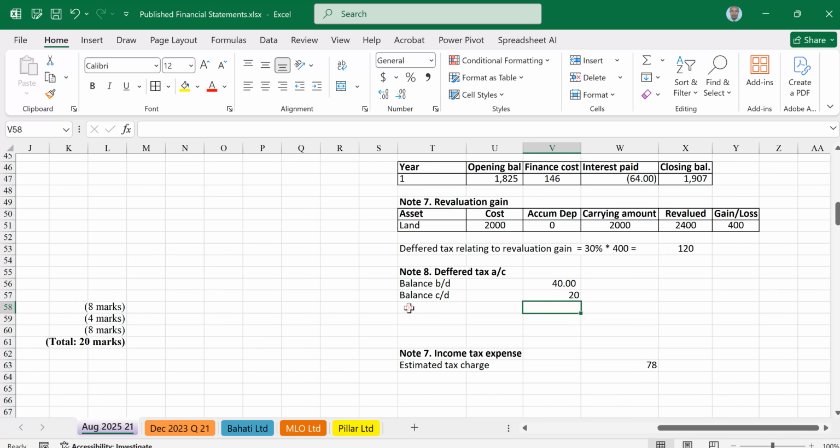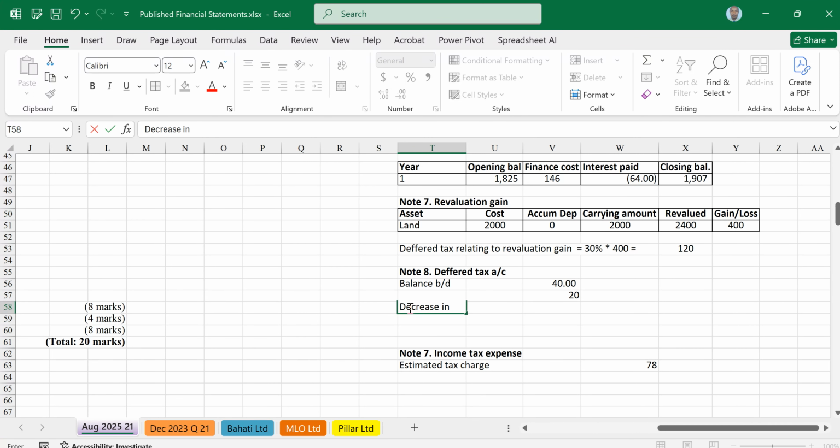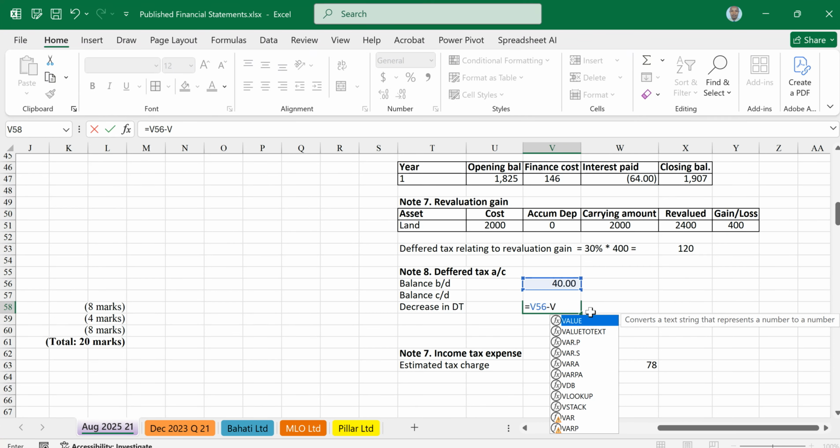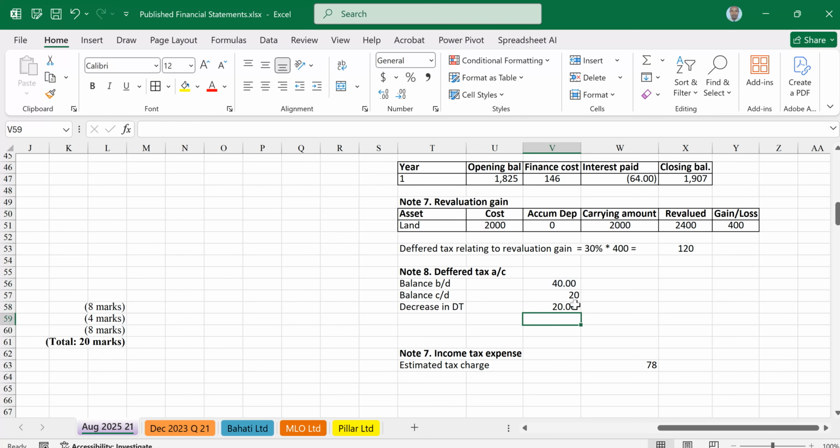This becomes a decrease in deferred tax. Decrease in deferred tax is 40 minus 20.